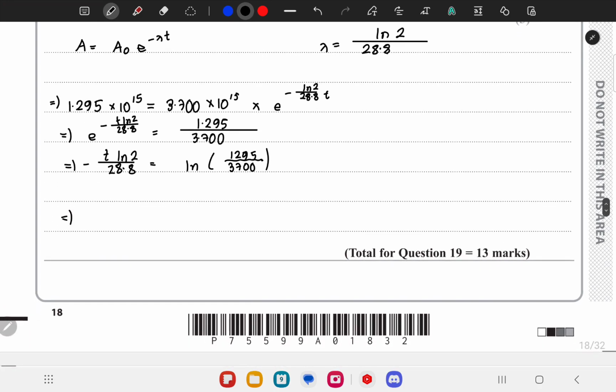From here, if we calculate t, it is minus ln 1295 by 3700 times 28.8 divided by ln 2. From this we get a value of t. This would be 43.6 years.